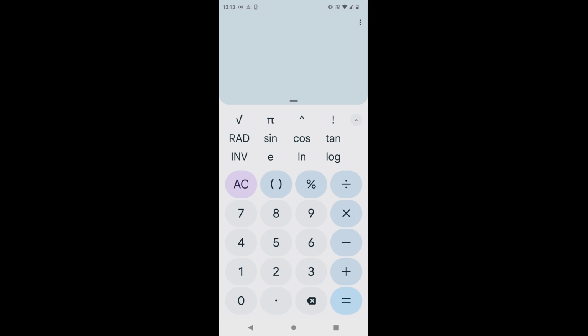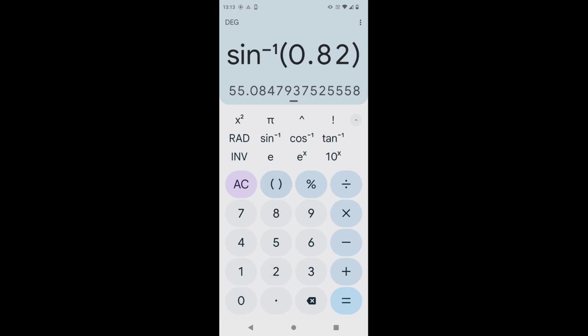So I tap the inv, which shows me other functions which are inverse. So I have sine inverse of 0.82, and here is the result, about 55. So it means that the angle whose sine is 0.82 is about 55 degrees. So this is how you can use your calculator to help you in trigonometry.